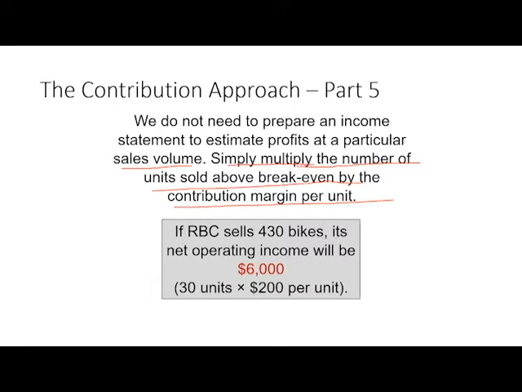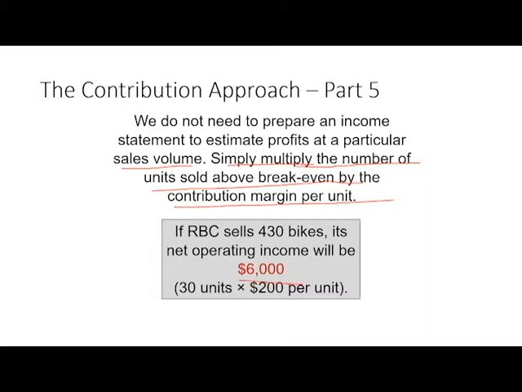In this situation, if the company sold 430 bike units, its net operating income will be 6,000. So how do we get the 6,000?